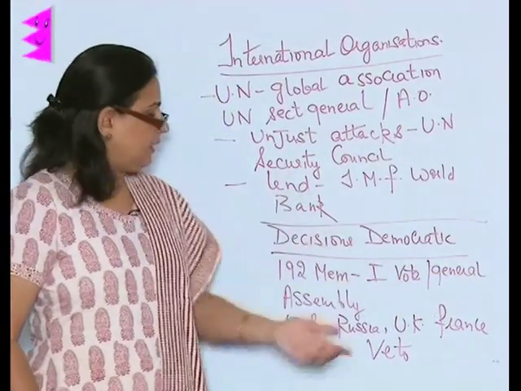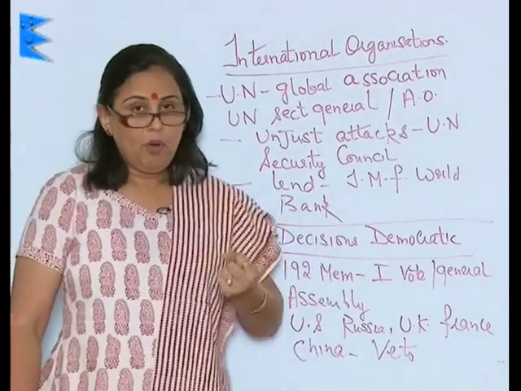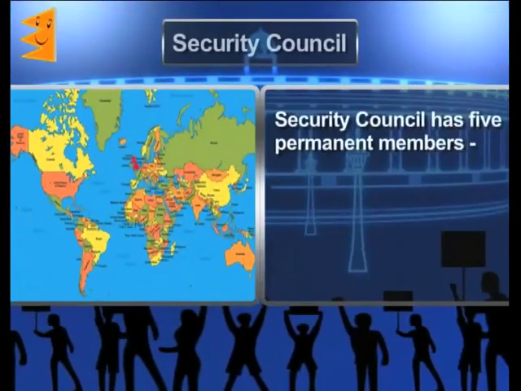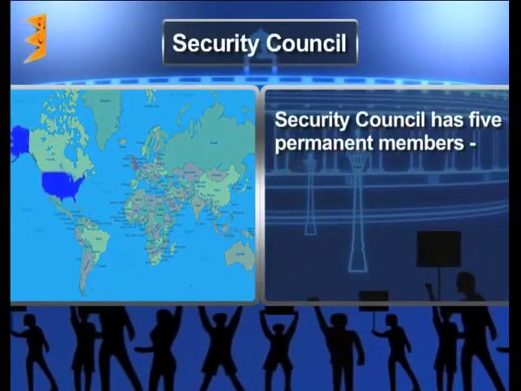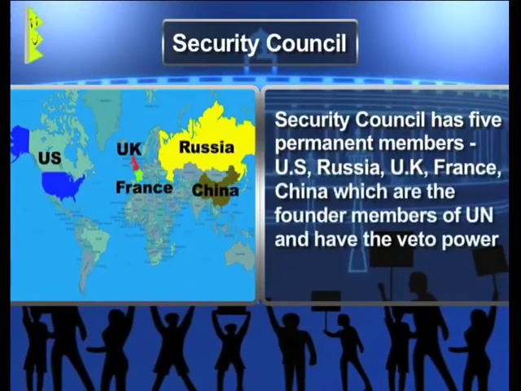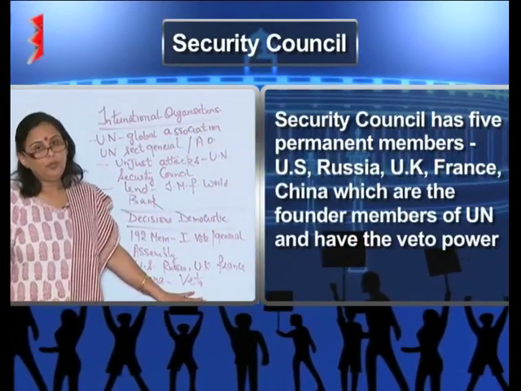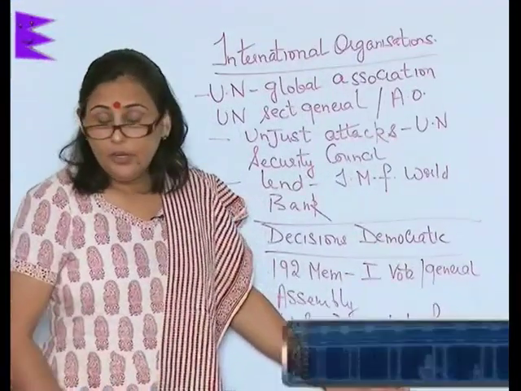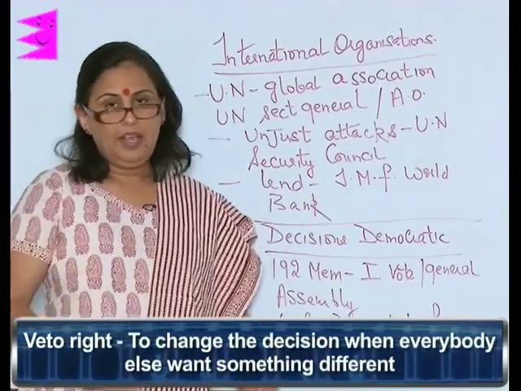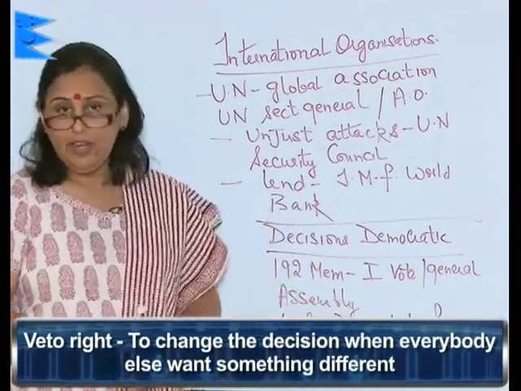But the other side of the coin, the most important Security Council, has 5 permanent members: US, Russia, UK, France and China, which are the founder members of the UN, and they have the veto right. That is to turn the decision when everybody is wanting something and they are wanting something different.